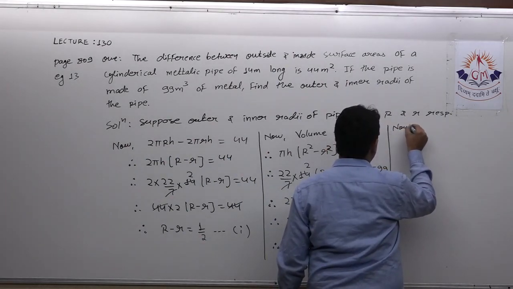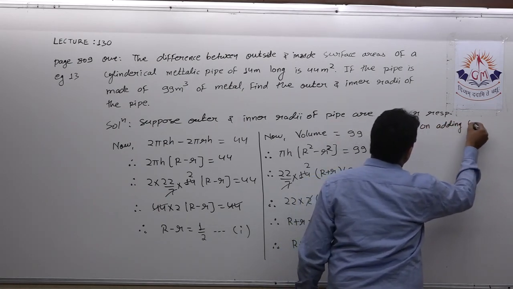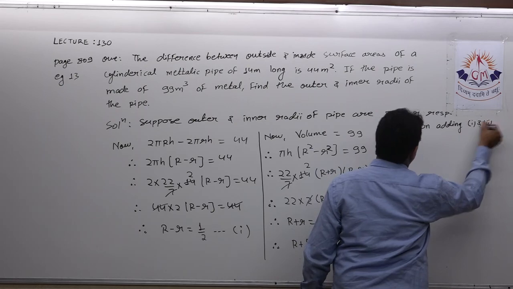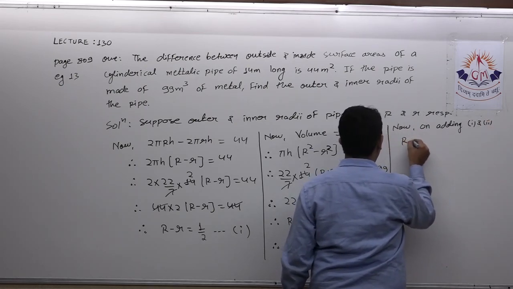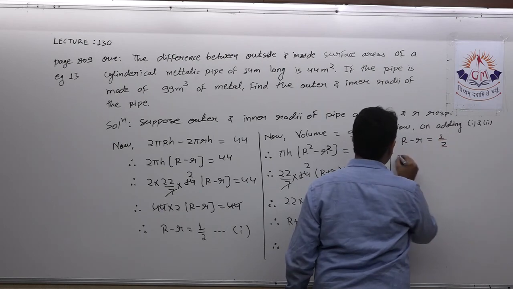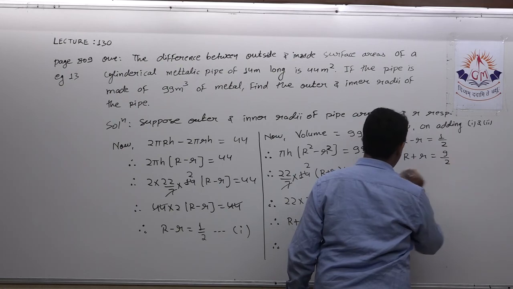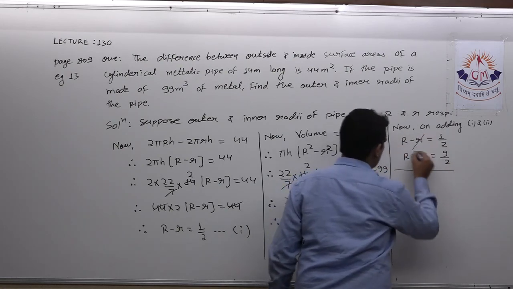Now on adding first and second, I have capital R minus small r is equal to 1 by 2, and over here I have capital R plus small r is equal to 9 by 2. When I add these two, small r will cancel out.